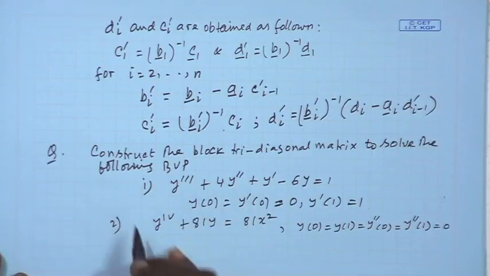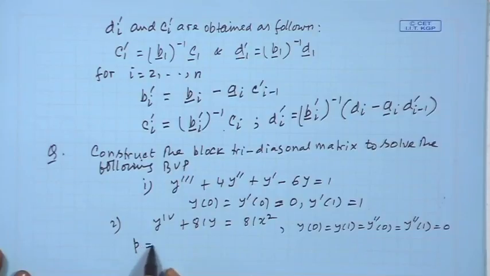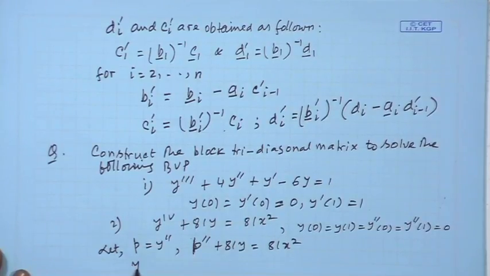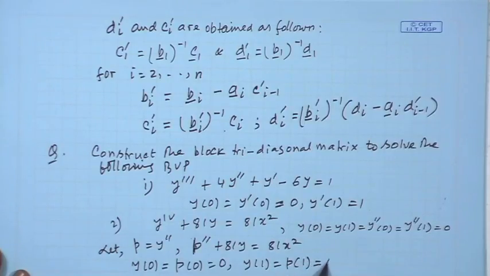But if I go about it this way, say let p equal to y double dash, and p double dash becomes 81y equal to 81x square. So, this is a system of 2 second order equations with boundary conditions y 0 equal to p 0 equal to 0 and y 1 equal to p 1 equal to 0.